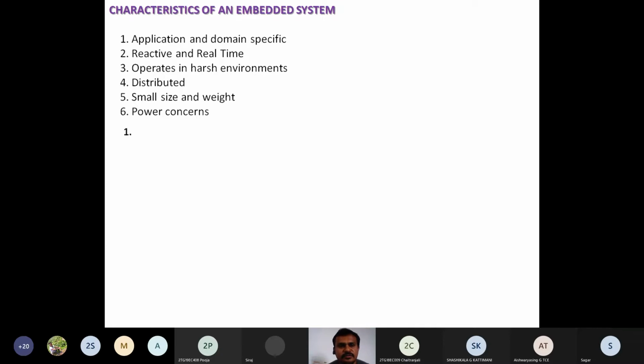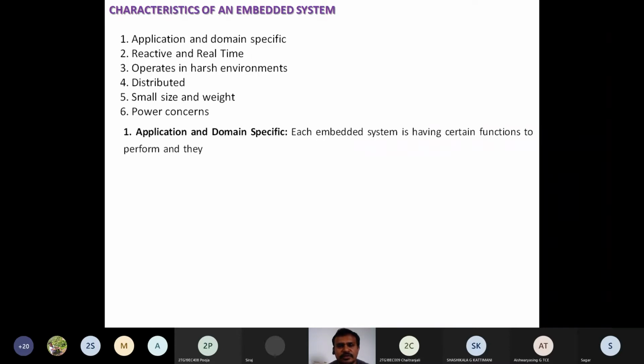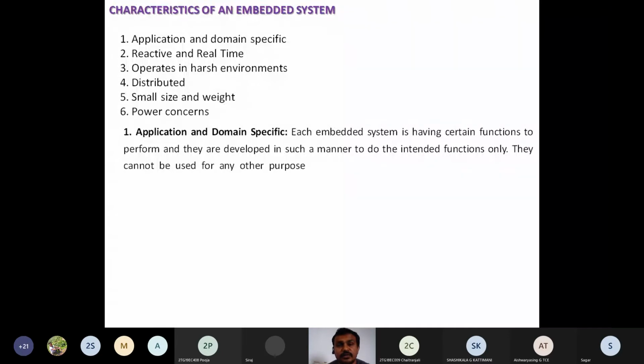As the characteristic indicates, it must be application and domain specific. Each embedded system has certain functions to perform, and they are developed in such a manner to do the intended functions only. As we know from the definition, an embedded system is designed to perform a specific task.